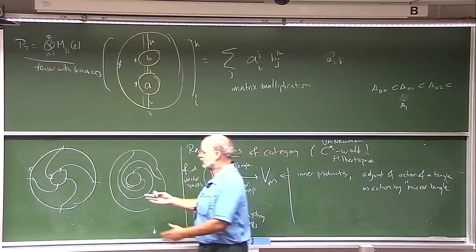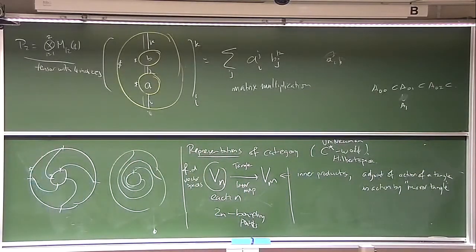So each one of these tangles has a map from V_n to V_m. Then the adjoint as Hilbert space operators is going to go in the opposite direction, and it's going to be given by the mirror tangle.